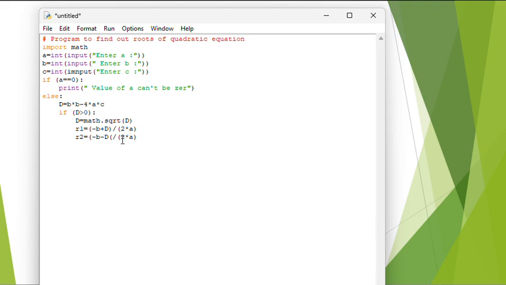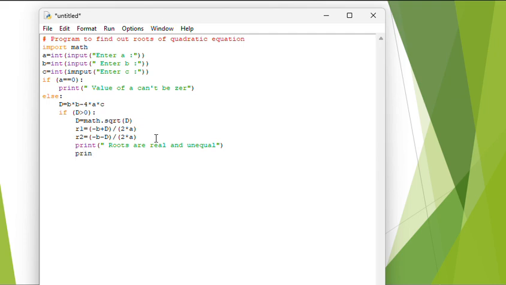Okay, now here there is some issue, that's why it is not going. So print. Now roots are real and unequal. Roots are real and unequal. Okay, so we have equal, and then we can display the values.